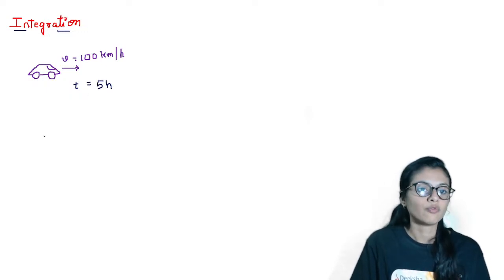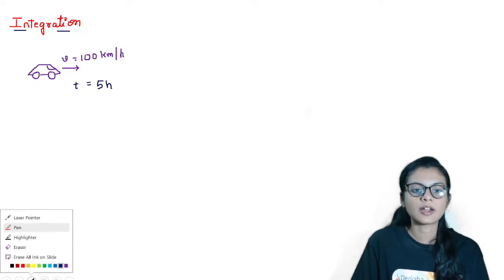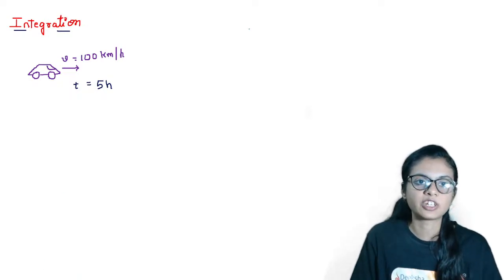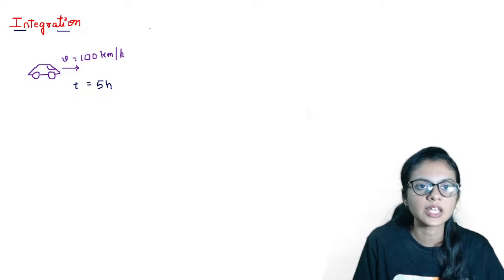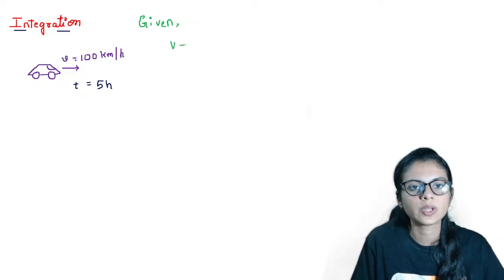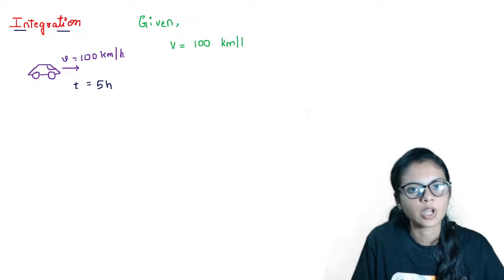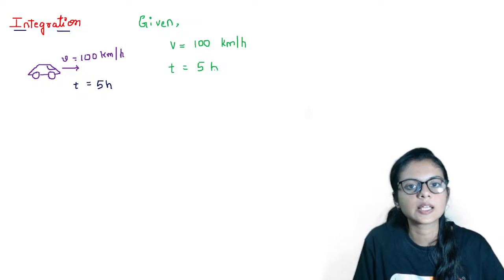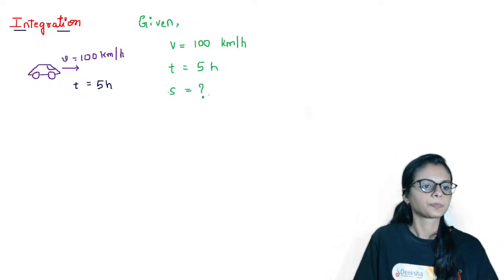There's a vehicle which is moving with a speed of 100 kilometer per hour. Let me write it, instead of saying it, writing will be more clear. So the given things in the problem: a vehicle moving with a speed of 100 kilometer per hour, and the time is given as 5 hours. They are asking us to find the distance covered by that vehicle.